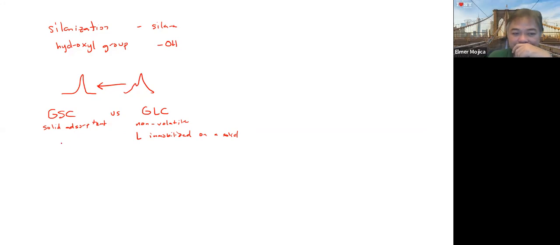The stationary phase is the solid itself. And when they interact, how is their interaction? So in GLC, it will be an interaction between the gaseous and the liquid phase, right?